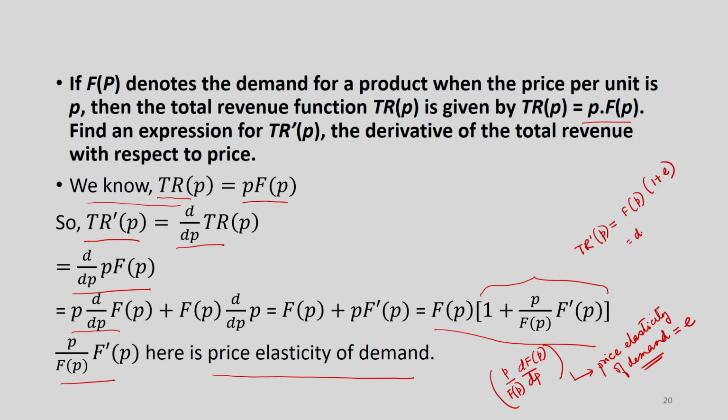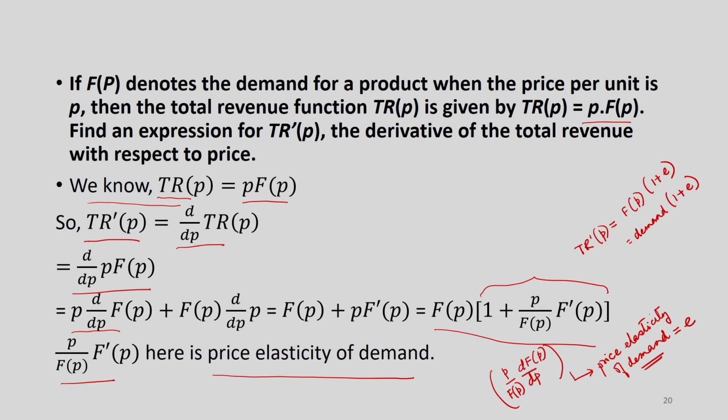So, demand at that particular price multiplied by 1 plus price elasticity of demand. Okay. So, this is what Tr'(p) is. So, this is the answer.